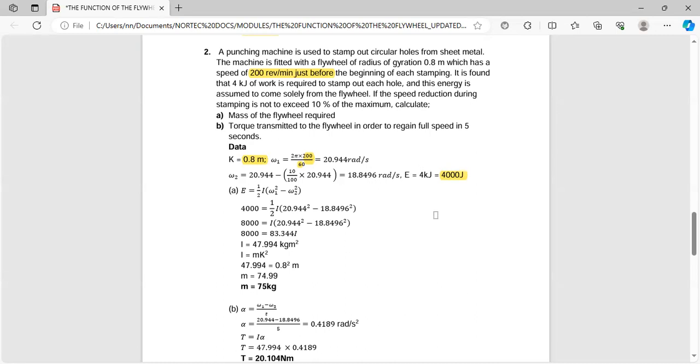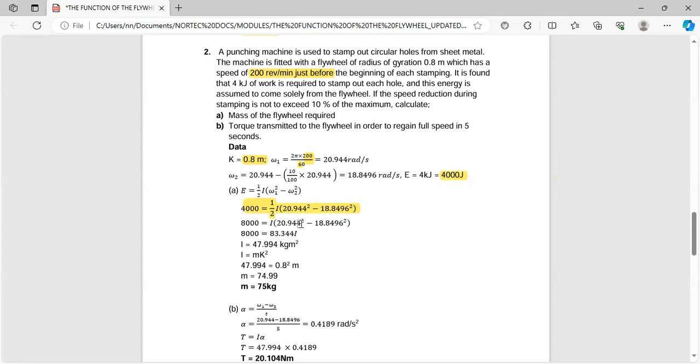Next, we can now go back and use the formula that we're supposed to use. In this case, it's E is equal to half I, then omega 1 squared minus omega 2 squared. When you substitute in this formula, things look like this. The only unknown is I. And with I being the only unknown, you can now go ahead and work out your solution.